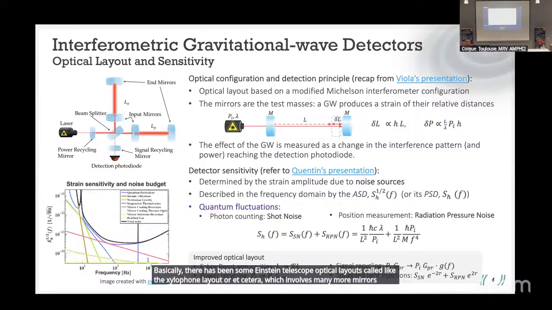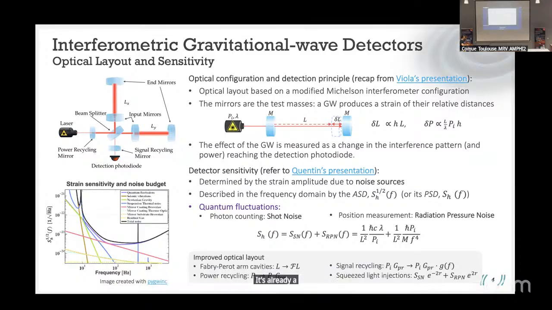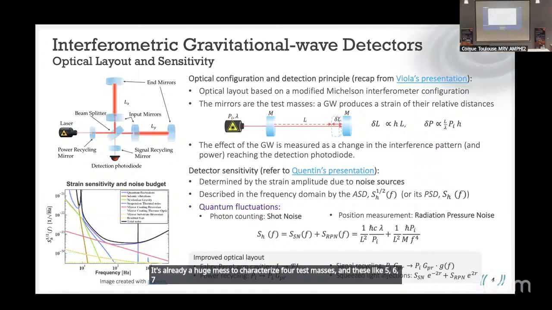I can comment as someone close to the detector doing detector characterization. It's already a huge mess to characterize 4 test masses and these 5, 6, 7 mirrors. So introducing more will be hellishly complicated.